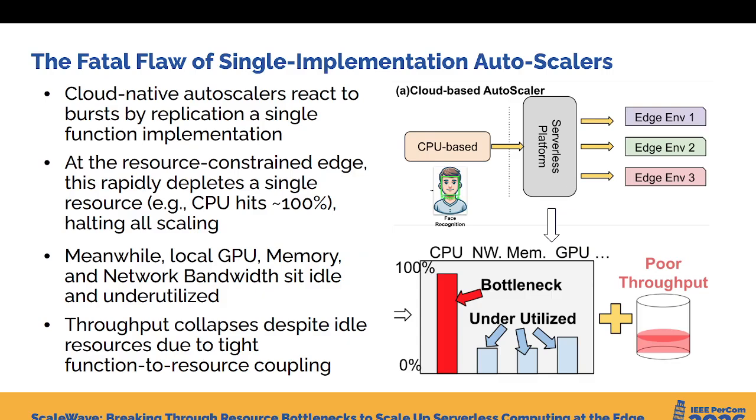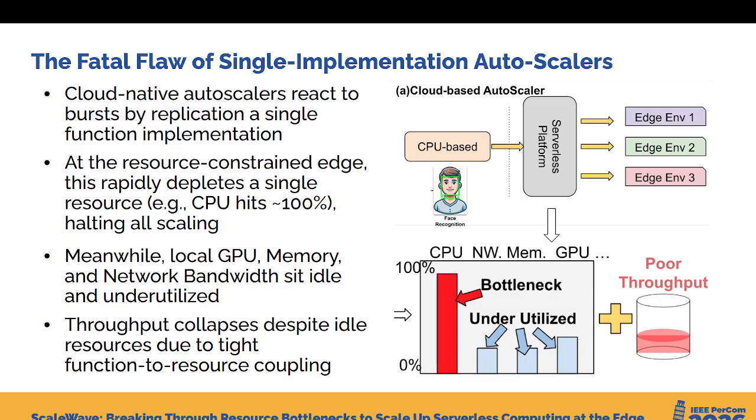The fundamental problem does not lie here in the autoscaler's logic of creating new replicas. Instead, the issue arises because the autoscaler is unknowingly tied to implementations that depend heavily on a single resource type. For example, consider a face recognition function which is compute bound and heavily uses the CPU cores. During high demand, autoscaling simply creates more replicas, which inherently means more pressure on the compute resources.